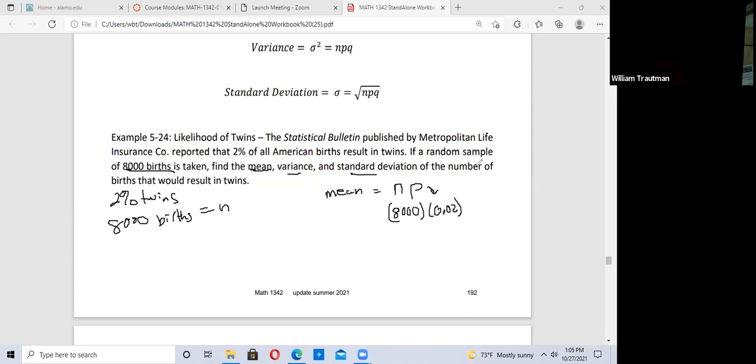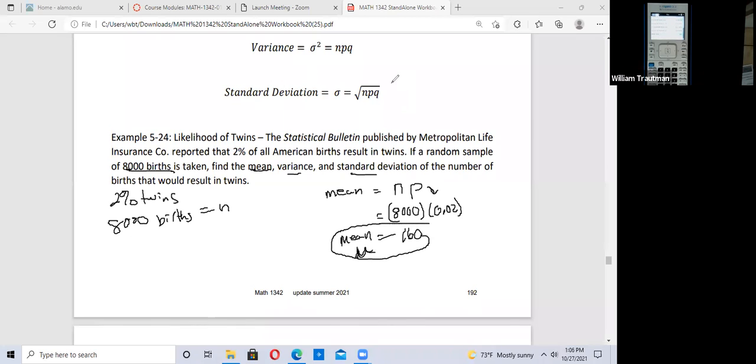So on the calculator, hit 8,000 times 0.02, and out of 8,000 births, 160 result in twins. The symbol for mean is that mu symbol. So the first answer was 160.